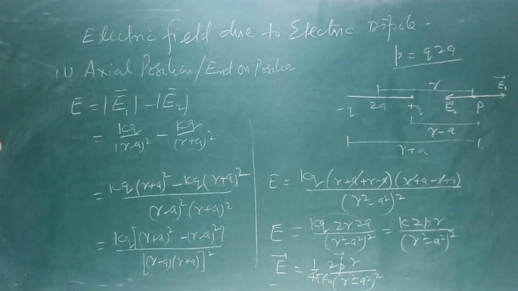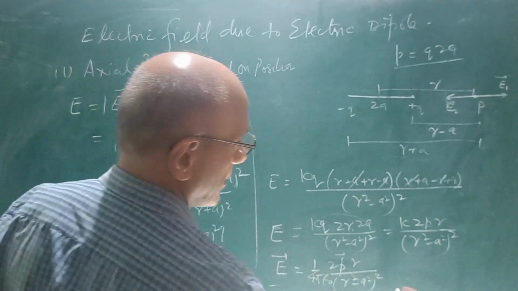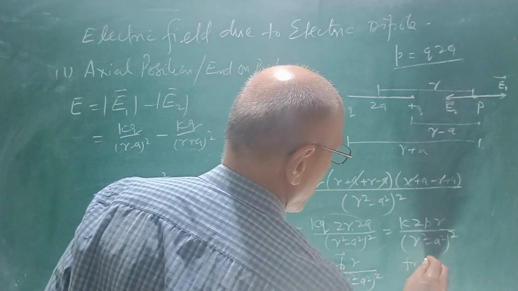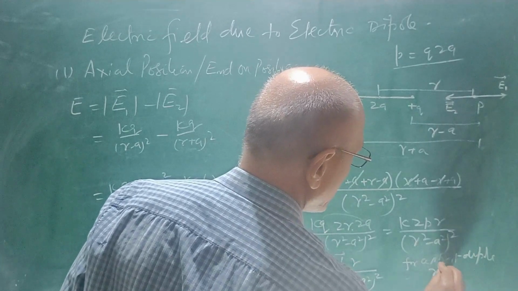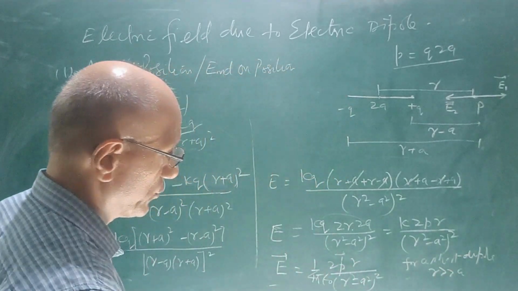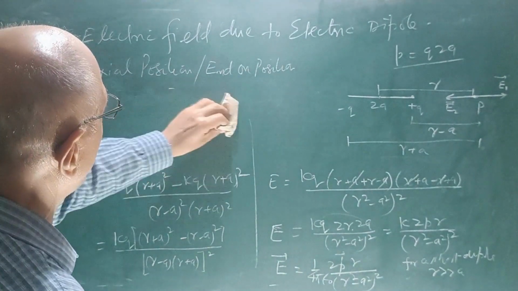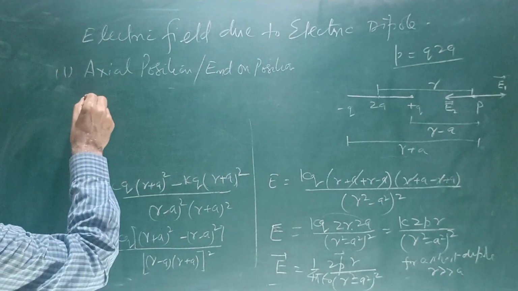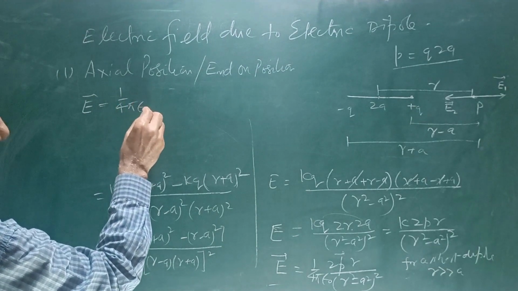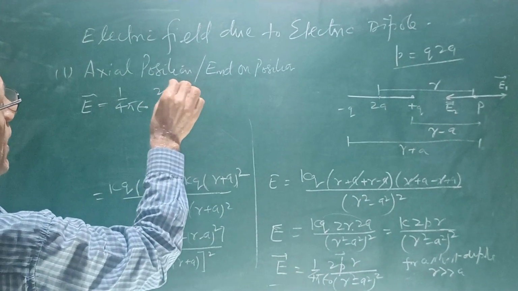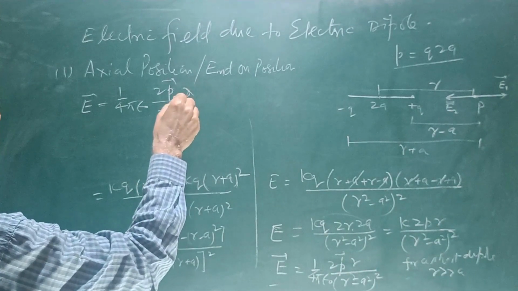Now for a short dipole, R is very, very large than A. So we can simply write E equals to 1 upon 4 pi epsilon naught 2P R upon R power 4, and so this will cancel out by this.